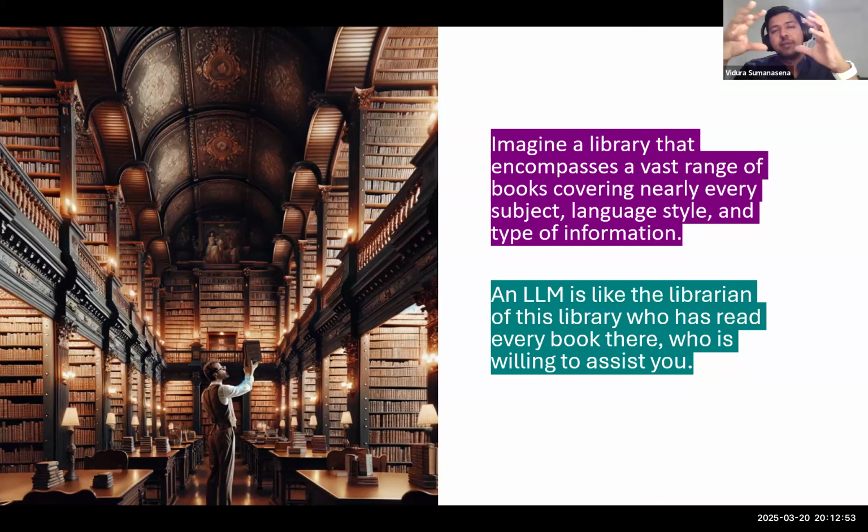That means the librarian has more of a compressed knowledge of this large collection of books. So there's a chance that they might get it wrong. Whenever a question is asked, there's a chance that the answer might be wrong. You have to think of large language models like ChatGPT, DeepSeek, Gemini as probabilistic models that can get most of the questions correct, but sometimes get them wrong.